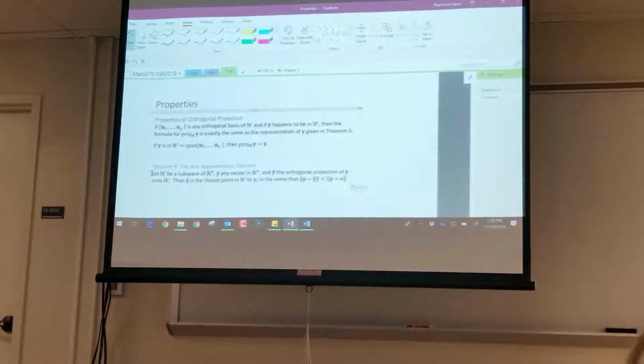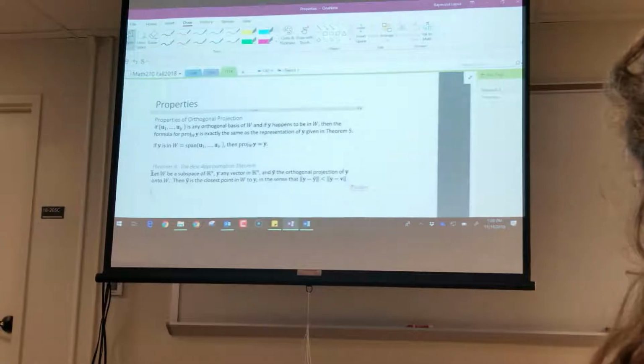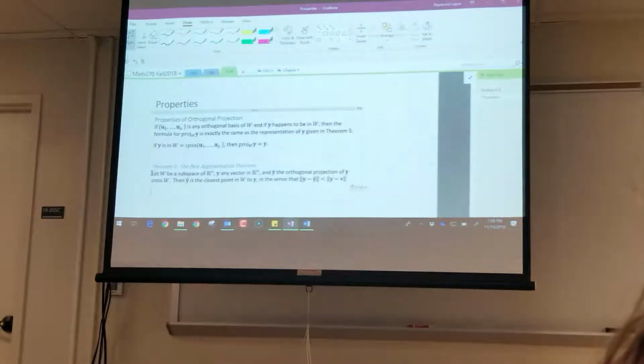No. Okay. Is y hat and w 0 then? What is y hat orthogonal to? Y hat is not orthogonal to anything. Y hat is on w. It's y's projection onto w. All right.